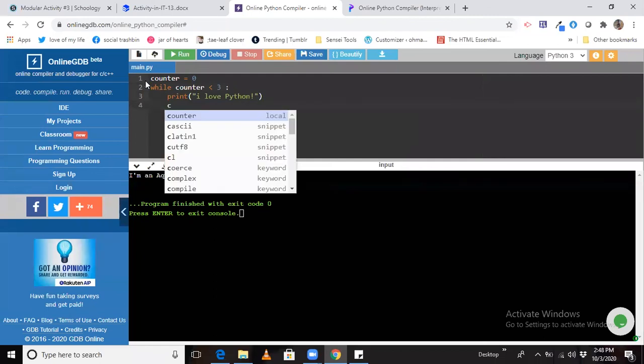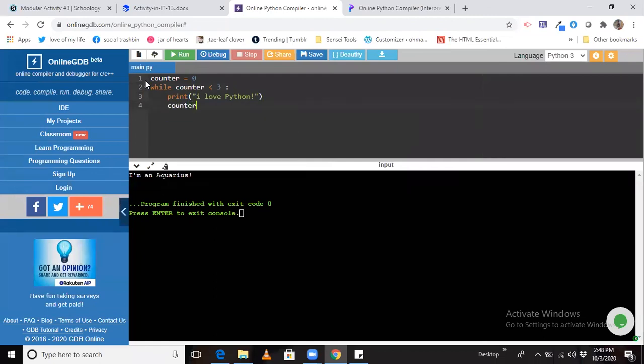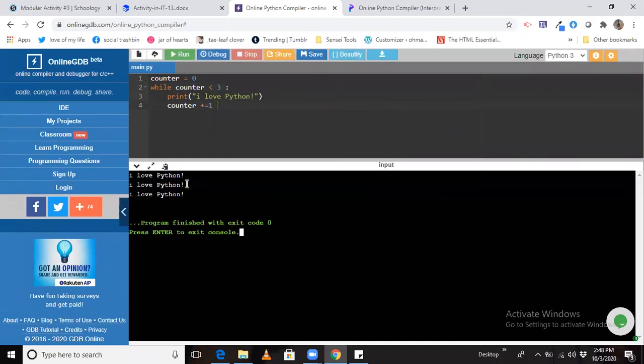Increment counter. Run. I love Python. So, pag normally yung kanina like 1 siya nag-start, 2 beses lang siya mag-print. Okay? So, kung gusto mong 3, either baguhin mo yung counter, mag-start ka sa 0, or baguhin mo yung condition mo, gawin mo equal. Okay? Gets po yun?